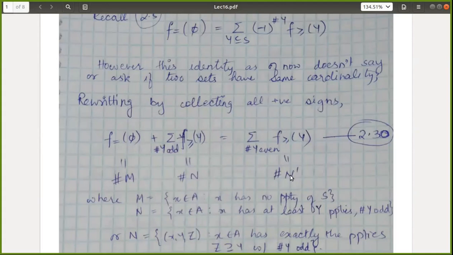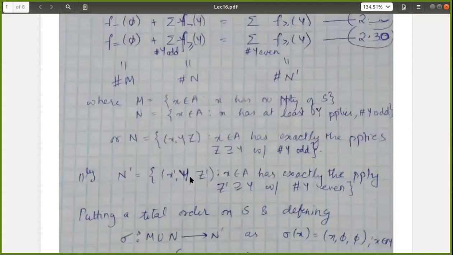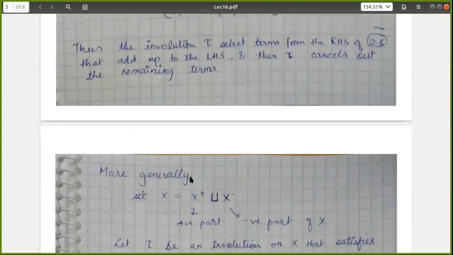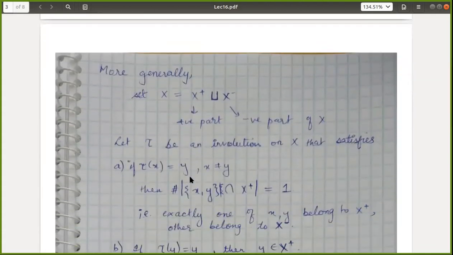And it contains exactly the ones which it pairs with, the elements. These elements remain fixed. They stay to themselves. Elements of here go to here, elements of here come to here. Okay. So this is the setup which we are trying to define in general now.